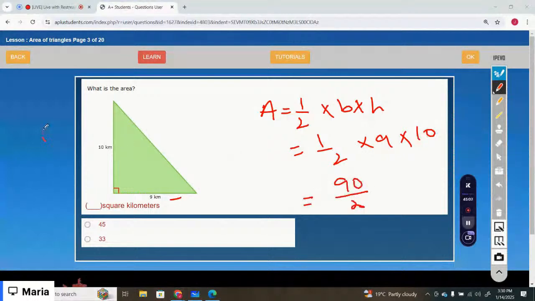Divide 90 by 2. 2 times 4 is 8. 9 take away 8 is 1 and bring 0 down. Then 2 times 5 is 10 and 10 take away 10 is 0. So the correct option is 45. Option number 1 is the correct option. Got it now?